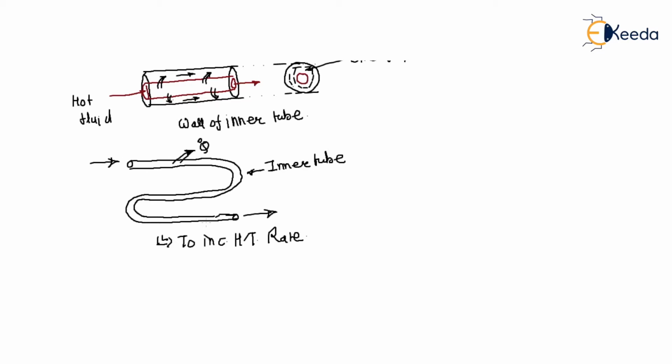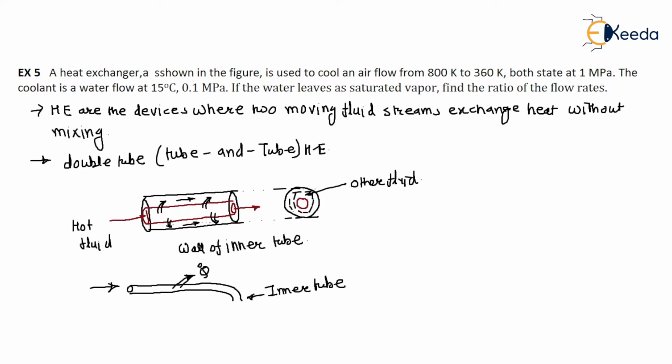With the help of this, we are going to solve this question. A heat exchanger, as shown in the figure, is used to cool air from 800 Kelvin to 360 Kelvin. Both are at 1 megapascal, and the coolant is water. That means air is cooled by water in a heat exchanger.